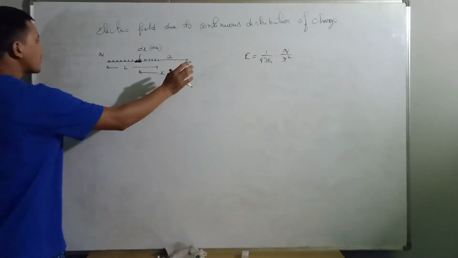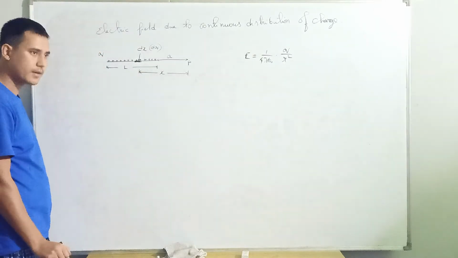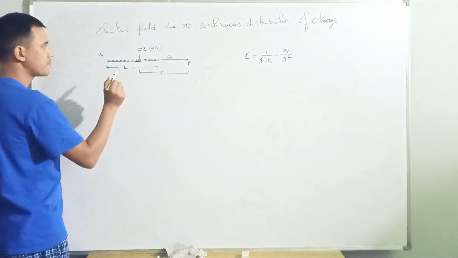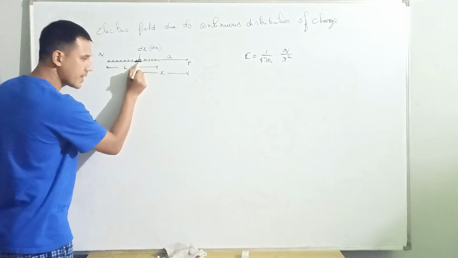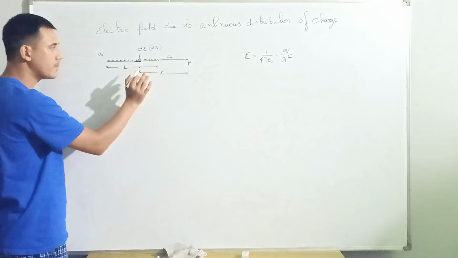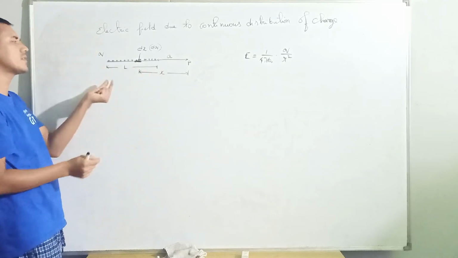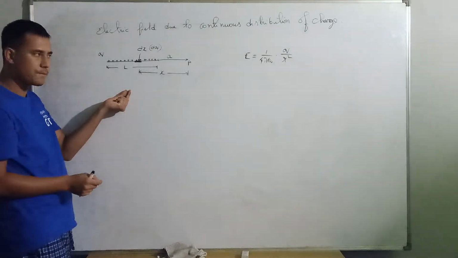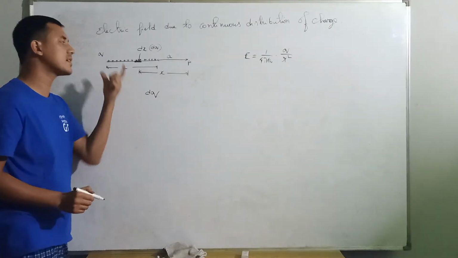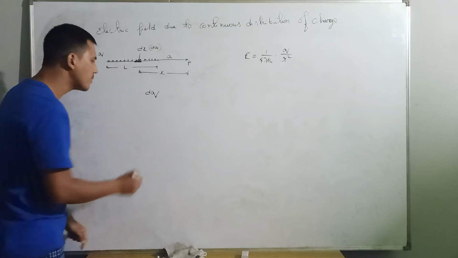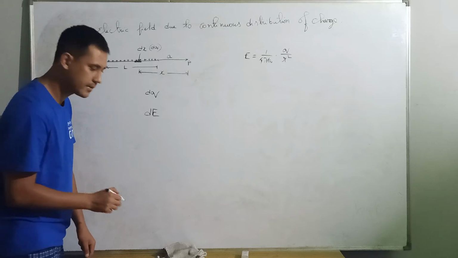So the electric field at this point P, due to this length element, this element has very infinitesimally small length dx, so it will have an infinitesimally small charge dq. Since it has infinitesimally small charge dq, it will produce an infinitesimally small electric field dE, right?